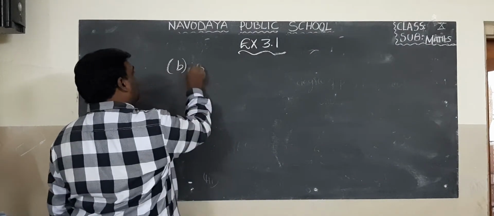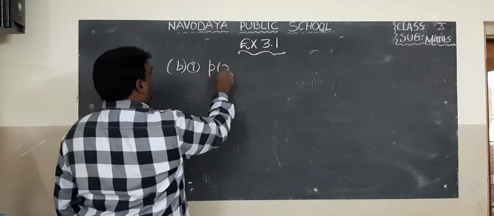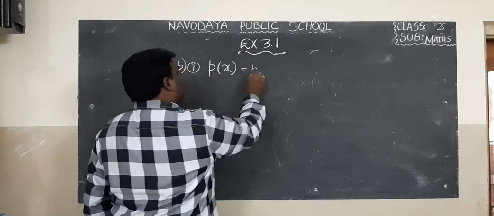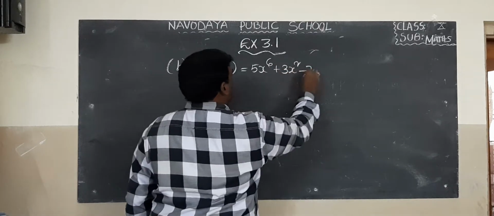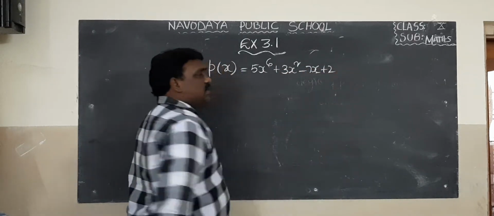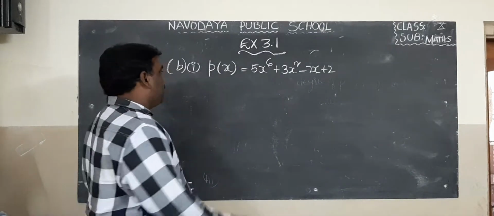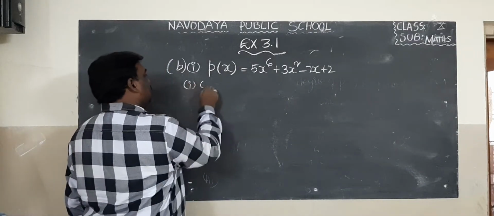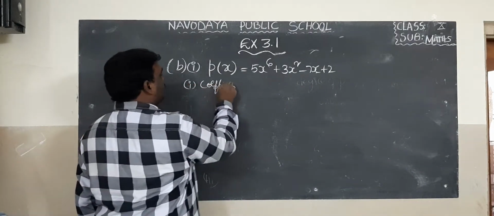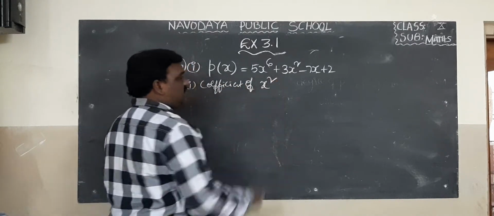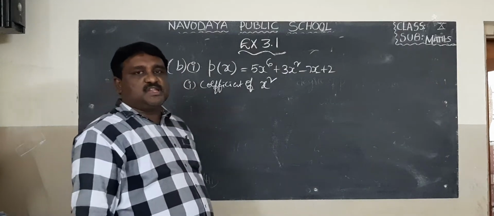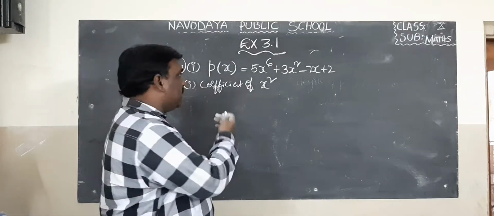B bit, first polynomial. P of x equal, write your own polynomial: 5x power 6 plus 3x square minus 7x plus 2. Your own polynomial. First question. Coefficient of, questions also by you only. Coefficient of x square. Coefficient of x square means x square front number.